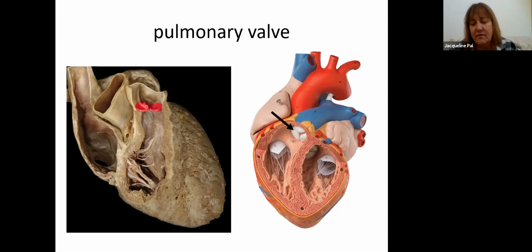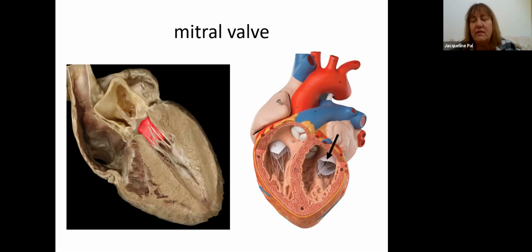On the left side of the heart, between the left atrium and the left ventricle, you have the mitral valve, which looks very much like the tricuspid valve with the little pointy leaflets, only it has two. Some people call it the bicuspid valve, but we're going with the word mitral valve because that's what is used in all the clinical literature and clinical scenarios.